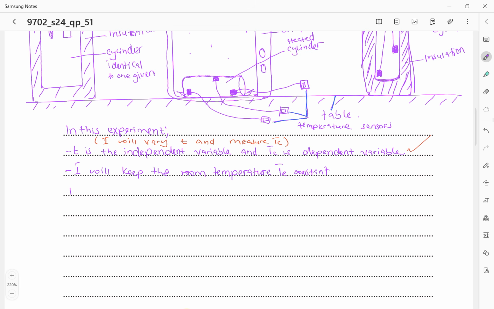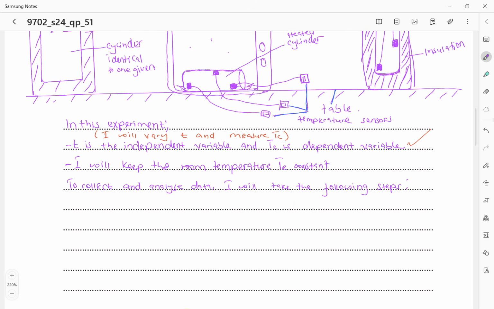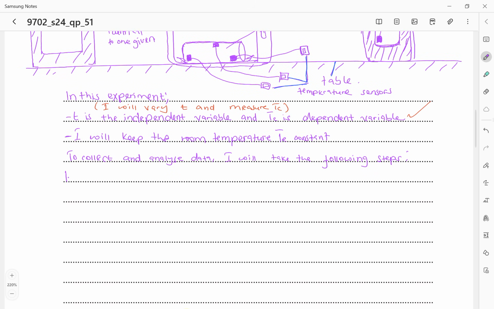So to collect and analyze data, I will take the following steps. So I will just number my steps in most cases. So let me say step number 1.